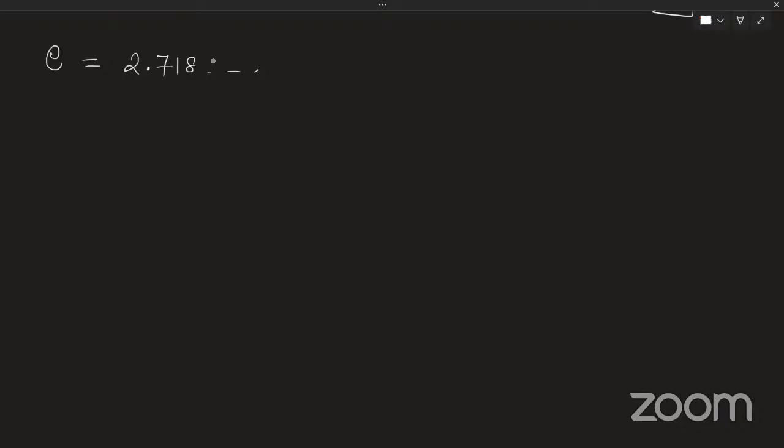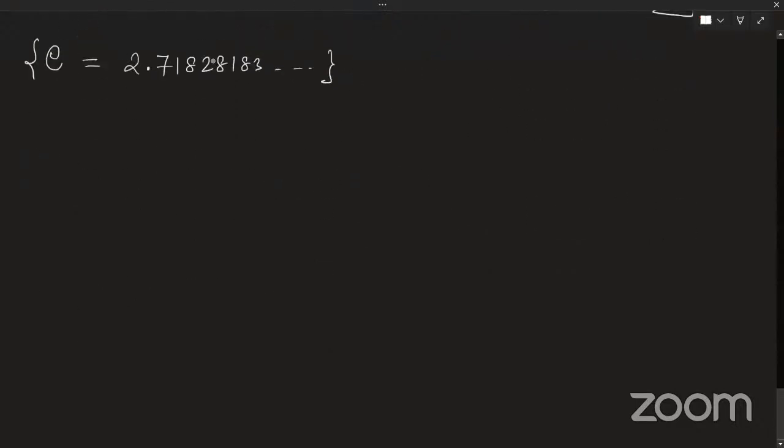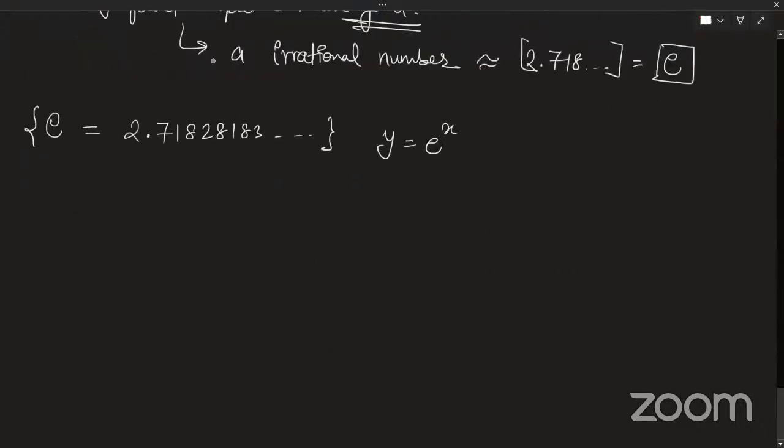But this function has a very special thing attached to it. Some more values I will give you: 2.7182818, something like this. So this is the speciality attached to this curve: when I plot y equal to e raised to x, the slope of the tangent at every point, the slope of the curve at every point, is equal to this y itself.